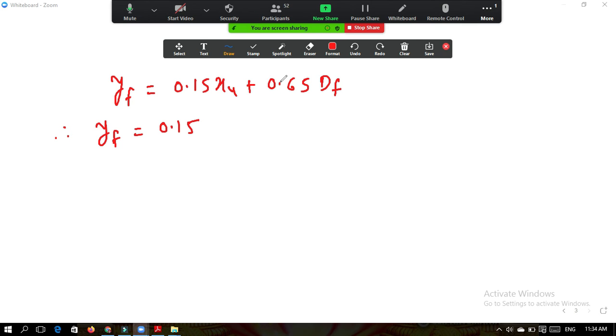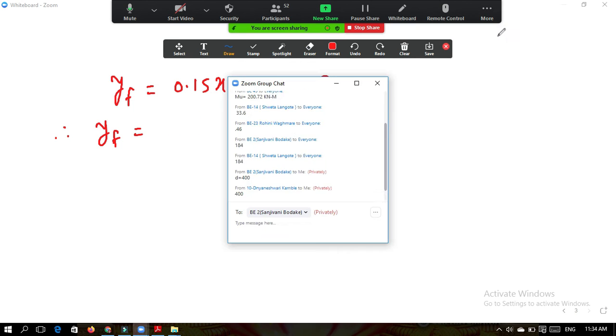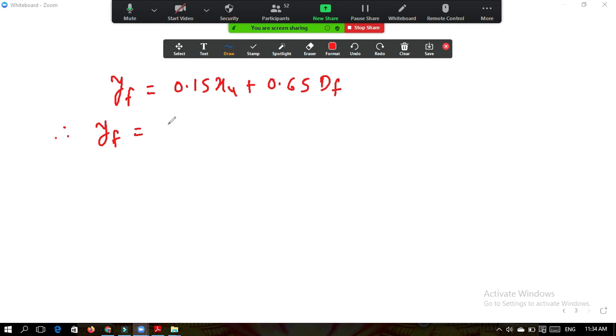Now I don't remember what the value of XU was, so it is better you put the value and let me know the final answer. What is the value of YF? So YF is 37.72 mm. This is the value of YF.